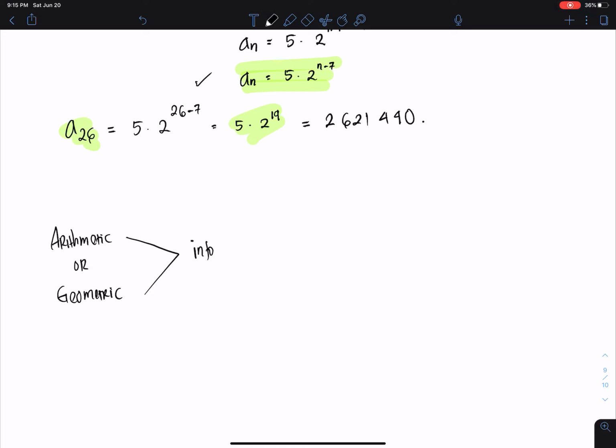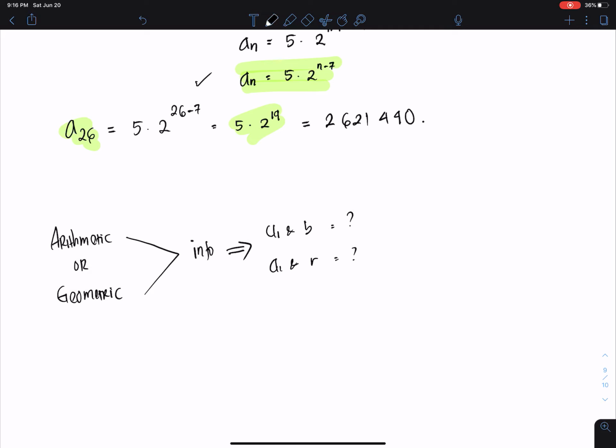What you need to do is work with the info given, and find U1 first, and d if it is arithmetic. If it is geometric, find a1 and r first. Because if you have U1 and d, or a1 and r, then the rest of the problem can be easily solved.